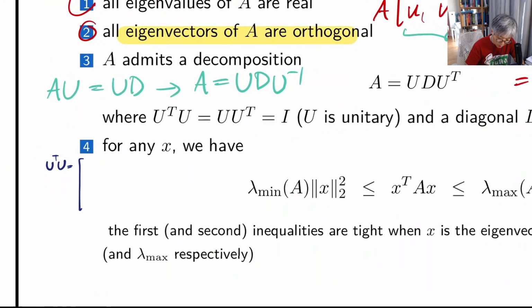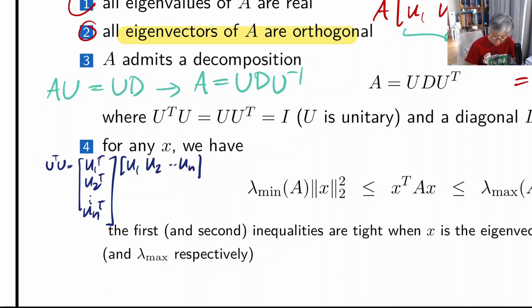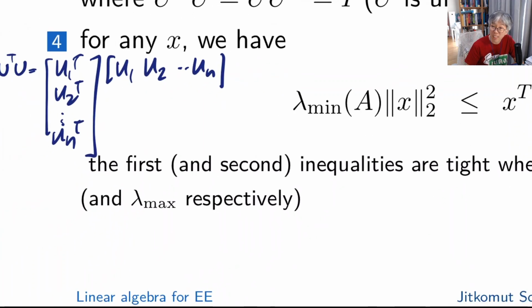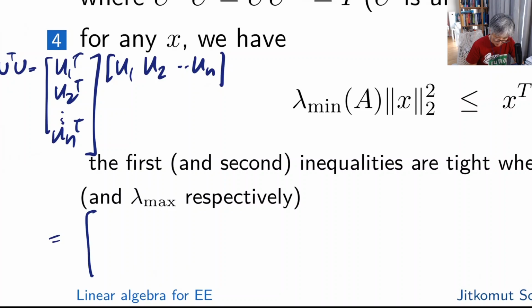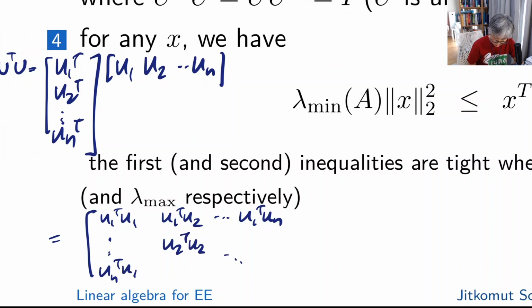So it becomes U1 transpose, U2 transpose, dot, dot, dot, UN transpose, and multiply with U, which is U1, U2, and UN. And if I expand this, what I'm going to get is U1 transpose U1, U1 transpose U2, dot, dot, dot, U1 transpose UN, dot, dot, dot, UN transpose U1, U2 transpose U2, dot, dot, dot, UN transpose UN.